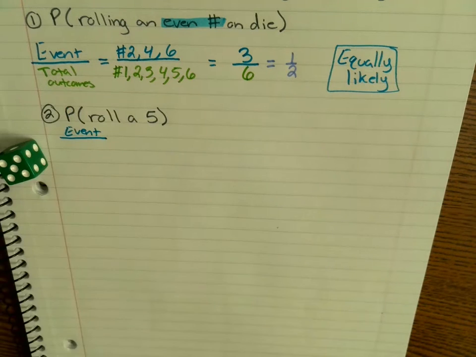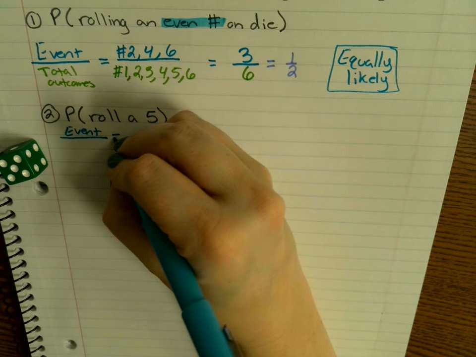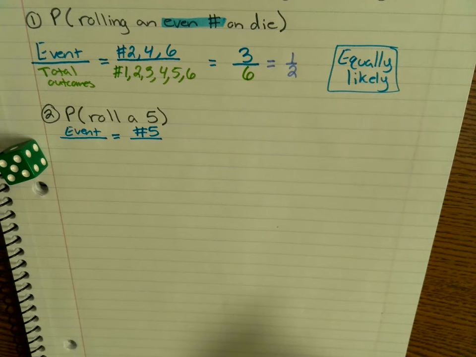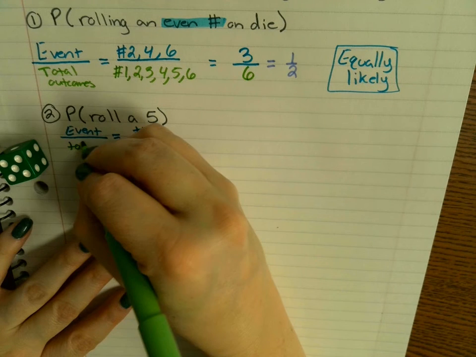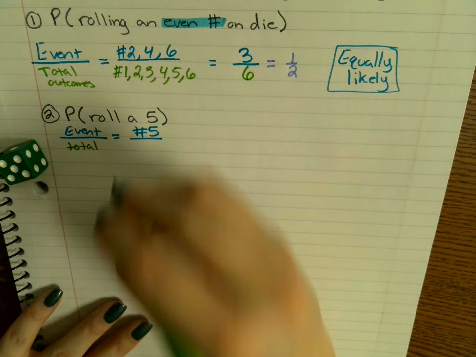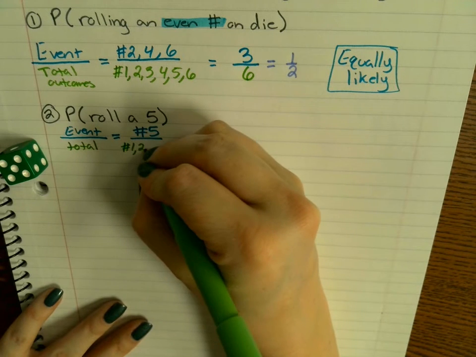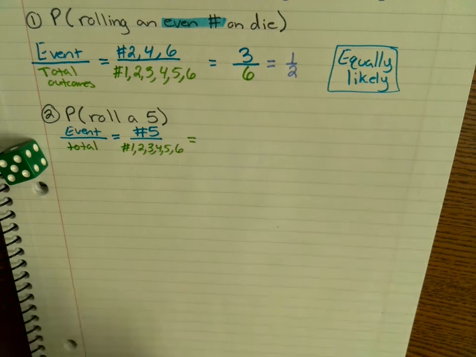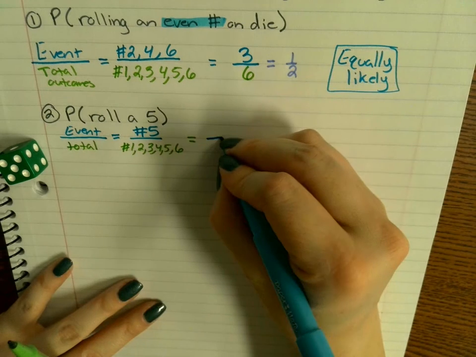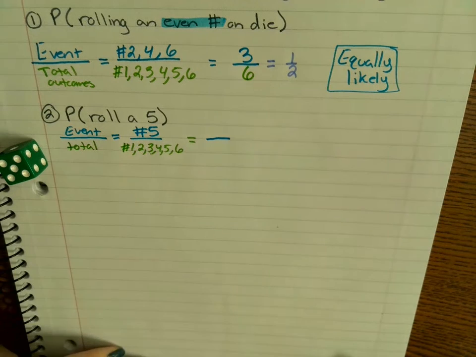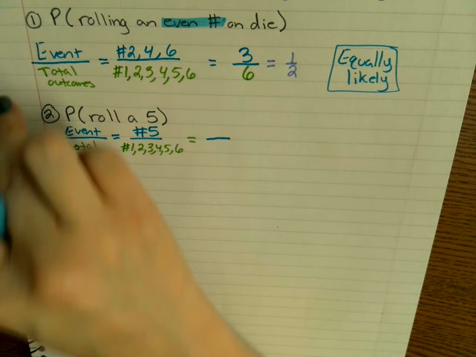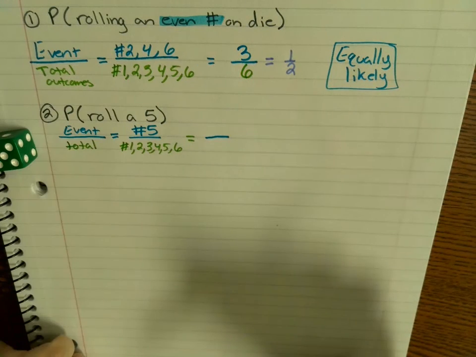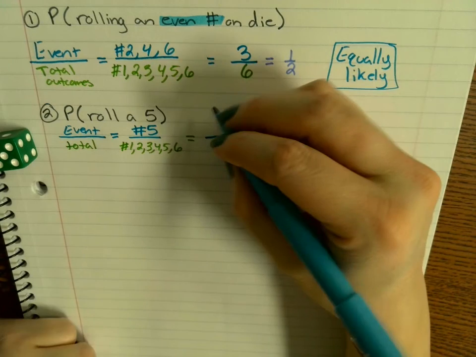The event I'm looking for is to land on the number 5, and I'm going to put it over the total number of outcomes, which we already said was 1, 2, 3, 4, 5, or 6. How many ways can I land on a 5? 1. There's only one 5 on here. So that happens 1 time out of 6.